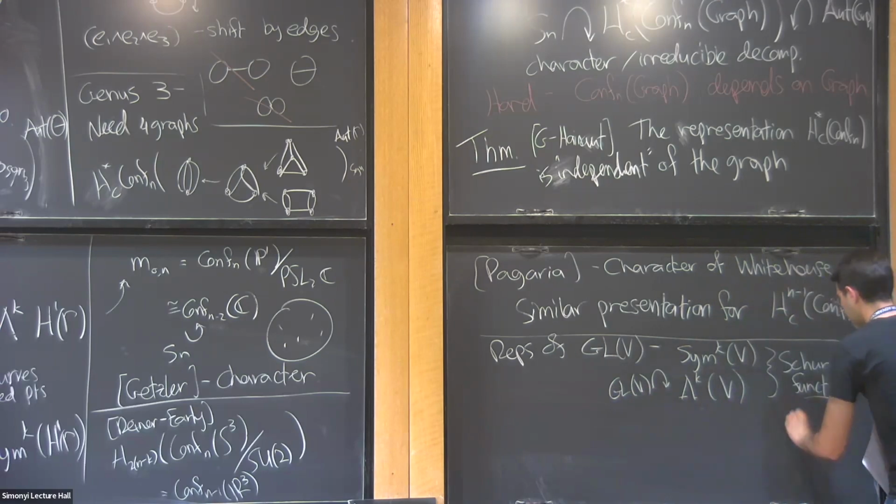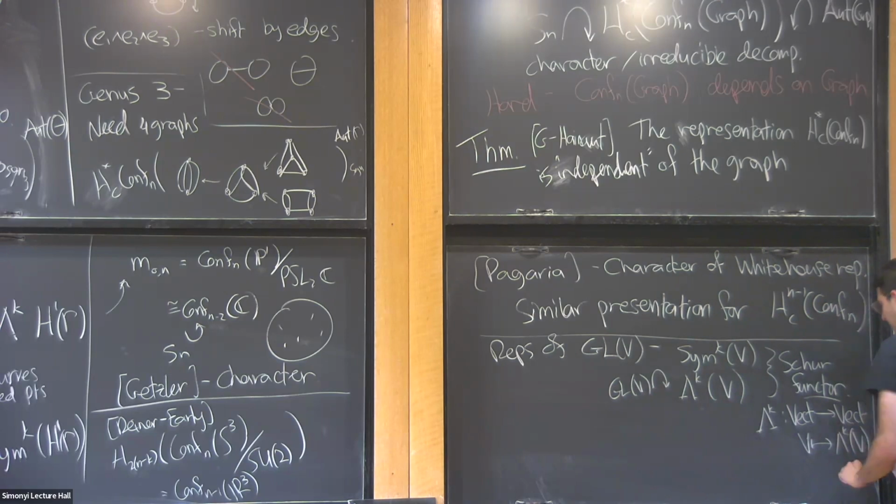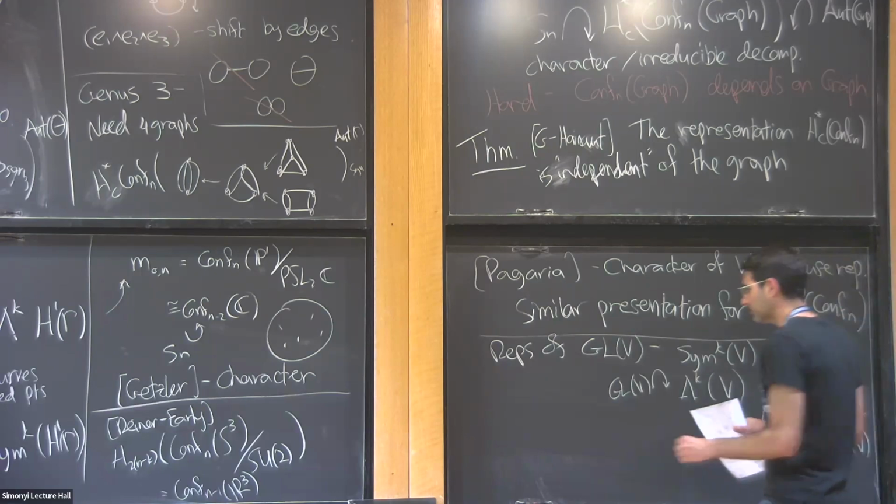It's a functor because, like the kth wedge power, it takes vector spaces to vector spaces. So V going to wedge k V. And this is a functor. This is linear. So if you have a linear map of spaces, it will induce a linear map on the wedge powers, and this automatically becomes a representation of GL_V. But there are many more.